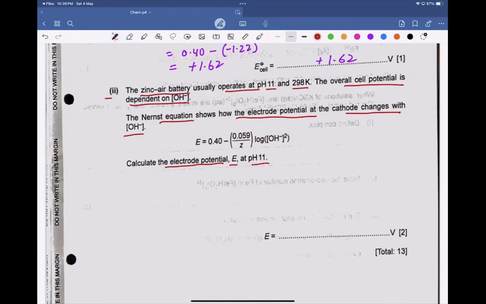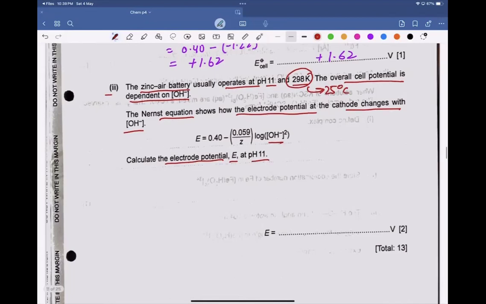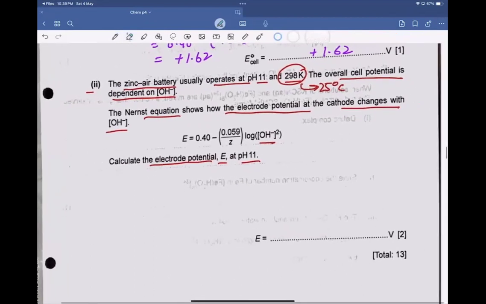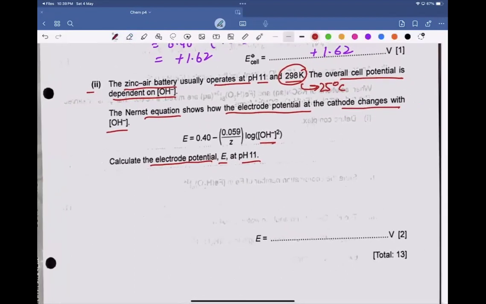Okay. So we don't know the hydroxide ion concentration, but we are given the pH value. And the temperature is 298 Kelvin, which is 25 degrees Celsius, right? And at 25 degrees Celsius, we know that the Kw value is equal to 1 exponent minus 14. And pH 11.